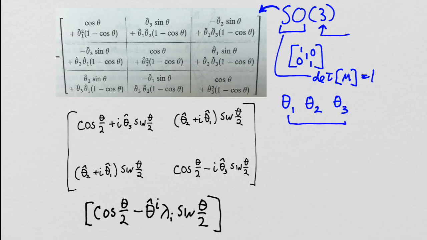Those three numbers are processed to give us three normalized coordinates, theta 1 hat, theta 2 hat, theta 3 hat, and one sort of magnitude, which is the Pythagorean sum of the three coordinates that we started with. Of course, theta itself is the positive square root of this Pythagorean sum.